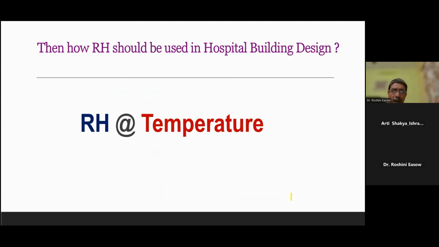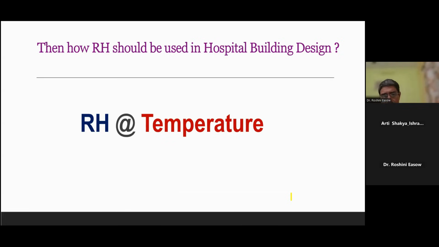Now, RH and temperature. Many people ask me questions about humidity control or monitoring. If we follow the psychrometric chart, how do we find RH and temperature? RH is basically a percentage. Grains per pound is actually the moisture content.